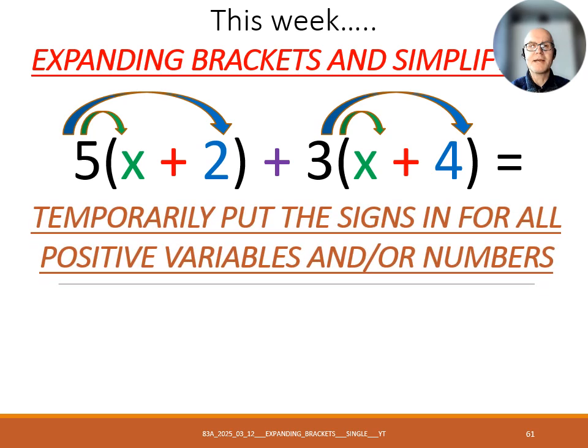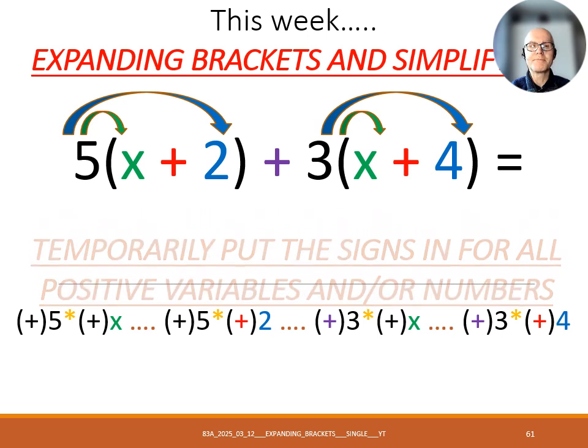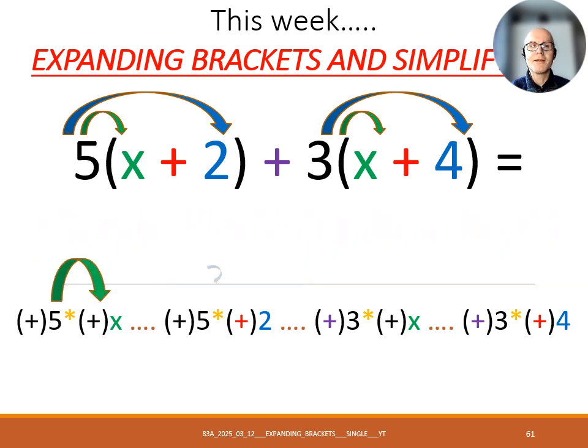Put the positive signs back in, of course. You know the script by now. Positive 5 times positive x, positive 5 times positive 2, positive 3 times positive x, and positive 3 times positive 4. Here we are. 2, 3, 4 chunks.